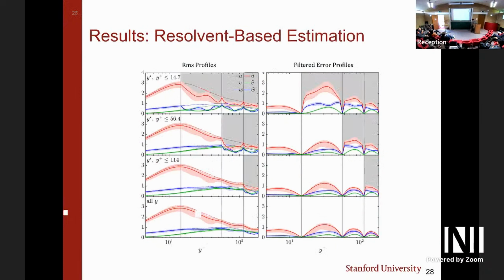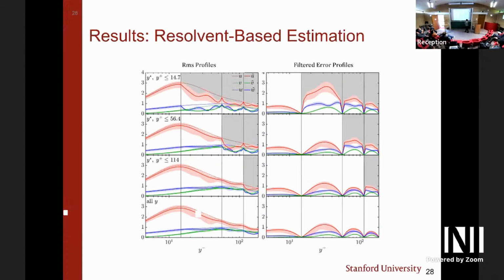So in this data, this is distance from the wall, and this is U in red, V in green, and W in blue. The dashed lines are the full information, and the solid lines are what we get from our estimation.